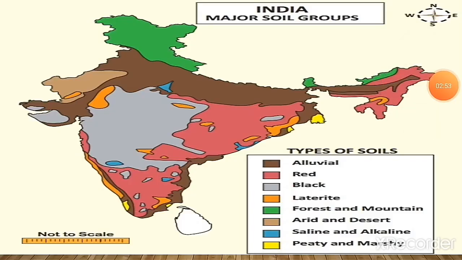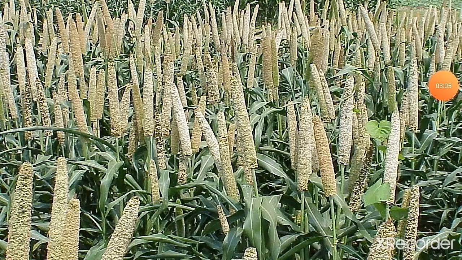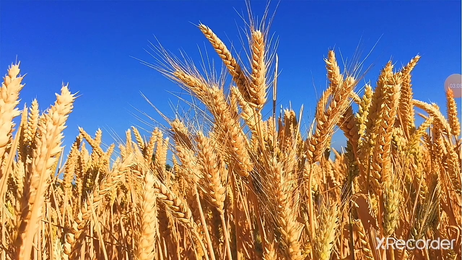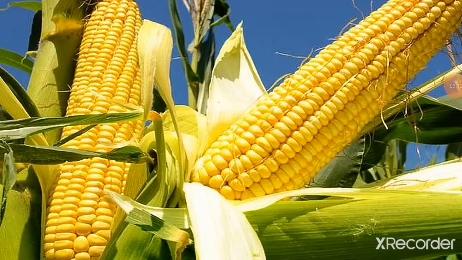This soil is present in the region of Rajasthan, northern Gujarat and southern Punjab. The crops growing in this region are millets, barley, cotton, maize and pulses. But the crops will be grown with the support of irrigation only.